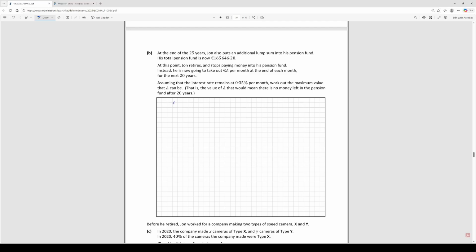So that means that his first payment that he takes out will have built up 1 month's worth of interest. So we're going to undo that 1 month's worth of interest by dividing by that. And then his second one, we'd undo 2 months' worth of interest. So we just do that. And then we'd have like so.